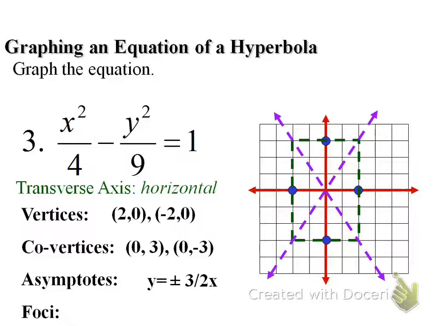How do I find my foci? c squared equals? a squared plus b squared. a squared is 4, b squared is 9. So that would give me the square root of 13. When I go to solve for c, the square root of 13 is approximately 3.6. Again, those are in the same direction as your vertices, so that will be my x values. y values are 0.